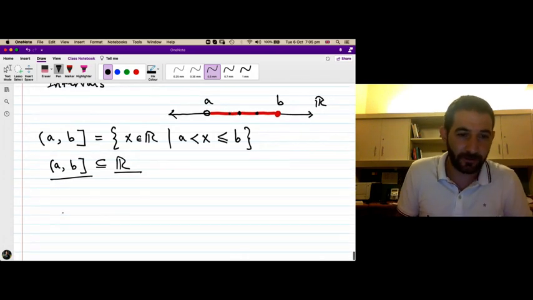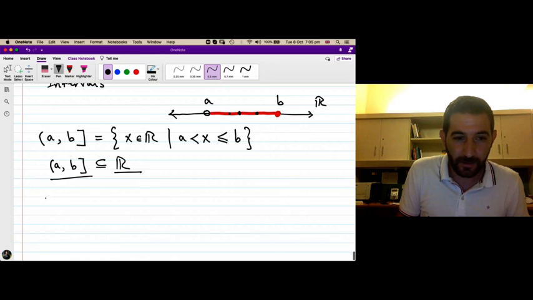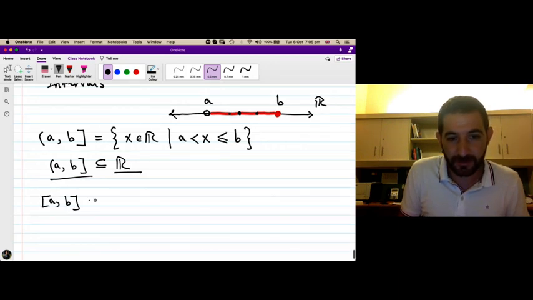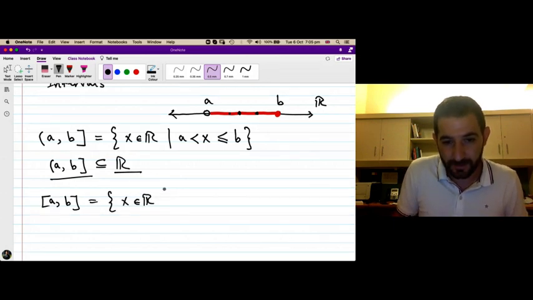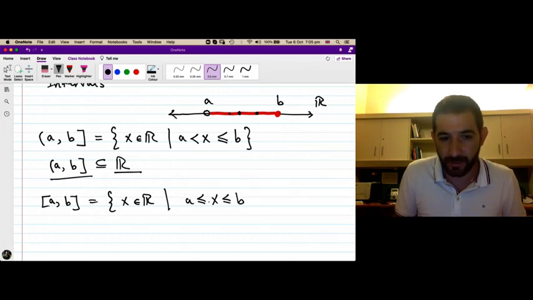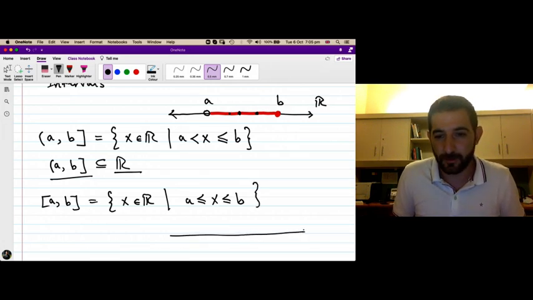For example, what does it mean to have the closed interval [A, B]? This is the set of all real numbers x such that x is bigger than or equal to A, because we have a square bracket here, and less than or equal to B, again because we have a square bracket. So here you have the real numbers, and then you have A here, B here.